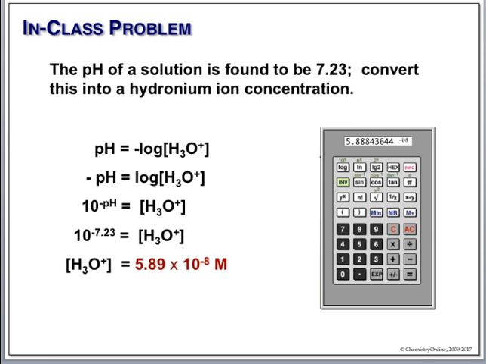And you should get something like that. This is our hydronium ion concentration. Any questions?